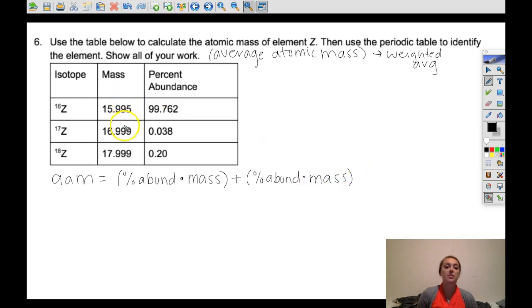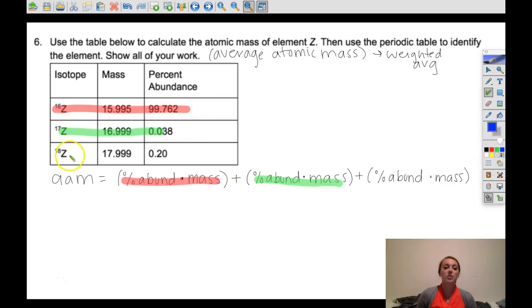And then because in this particular example we have 3 isotopes, we're going to do this 3 times. So this red line is going to be representing our first isotope. The green is going to represent our second. And the blue is going to represent our third.